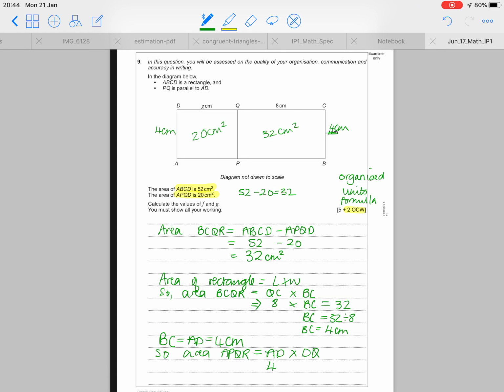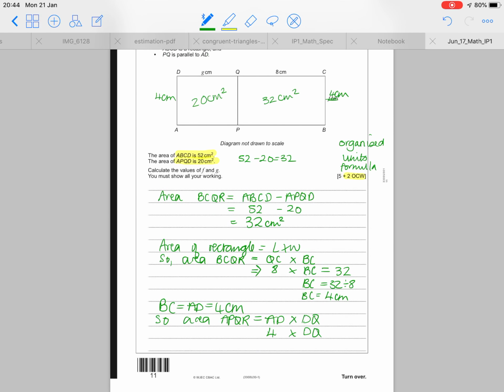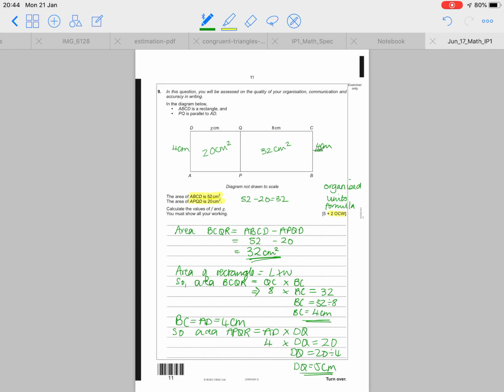AD is 4 multiplied by DQ, which I don't know, but I know that this is 20. So DQ equals the 20 divided by 4, DQ equals 5 centimetres. Making sure that I've got centimetres or centimetres squared on the end of every calculation, because if I leave any units out, I could lose those marks. Just going to add on my picture.